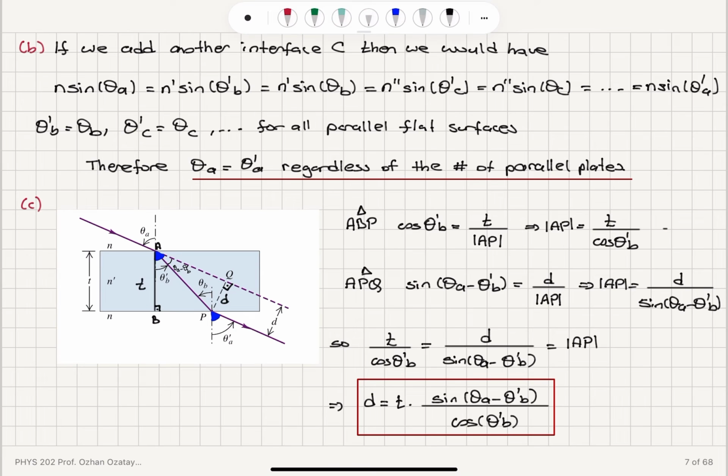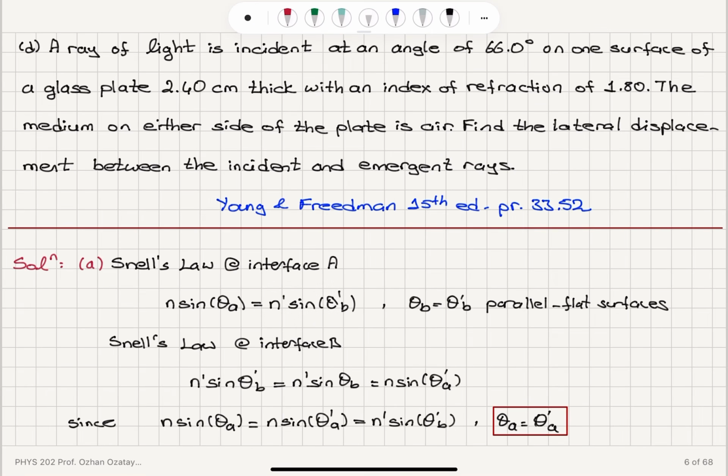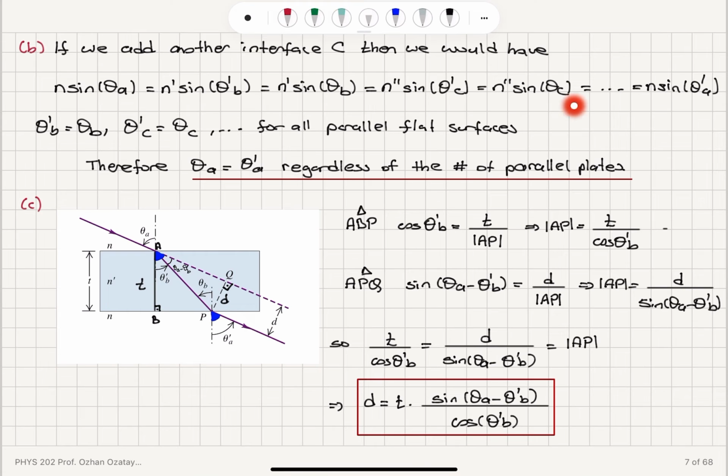If we insert another interface, we would have an intermediate n double prime sine theta prime C equals n double prime sine theta C. We would have the same scenario in the other material with index of refraction n double prime, so these intermediate equations would not change the end result.